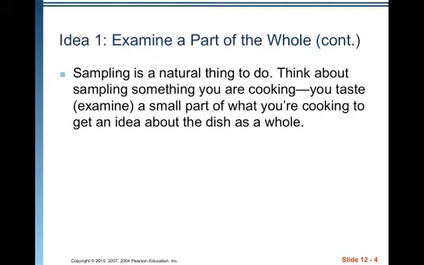I believe your book refers to taking a spoonful of soup from a pot of soup that you are making. As long as that pot of soup has been well stirred, taking a sample of just a spoonful should give you all the information you need about the seasoning of the soup as a whole.